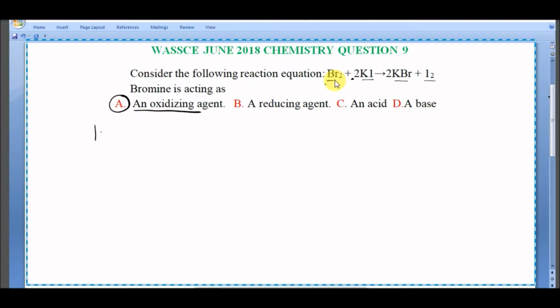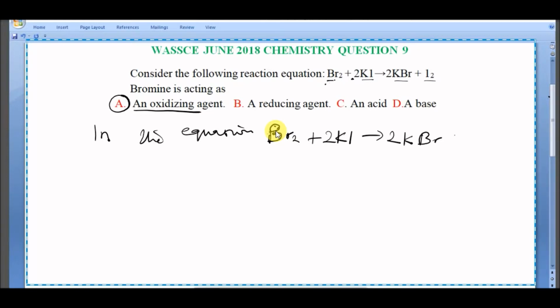And why is it so? It is so because in this very reaction equation, where you have your bromine reacting with the potassium iodide to give potassium bromide plus the iodine molecule, it will be very easy for us to find out the oxidation number of the bromine.